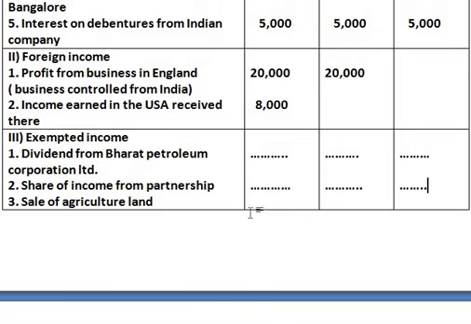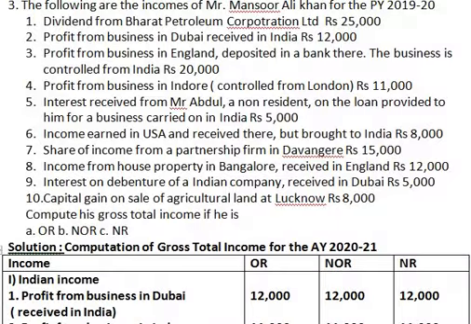Therefore, sale of agricultural land is exempted from tax, which is not taken in any column while computing gross total income. We are done with all the points.